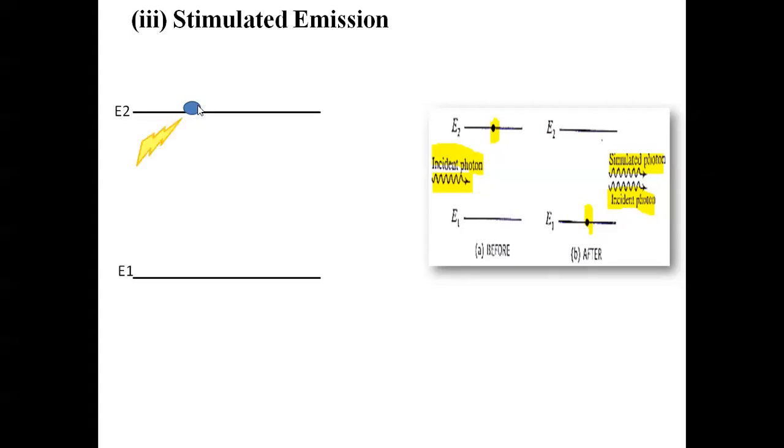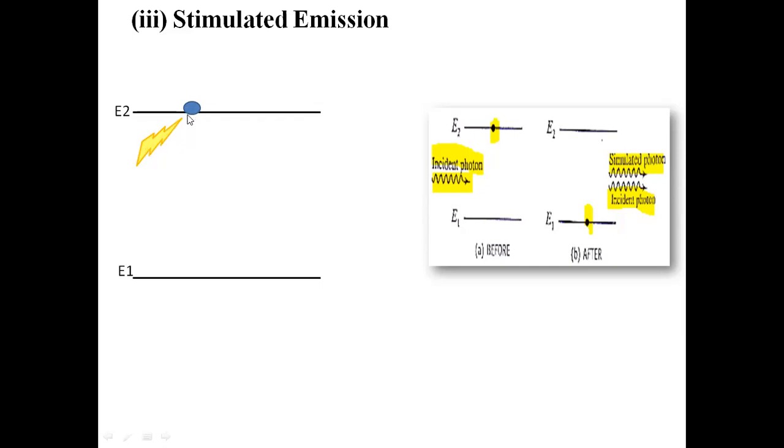In the stimulated emission, the atom exists in a metastable state, where the atom has a higher lifetime in the excited state, slightly greater than the ordinary excited state. For these types of atoms, you require an external aid.